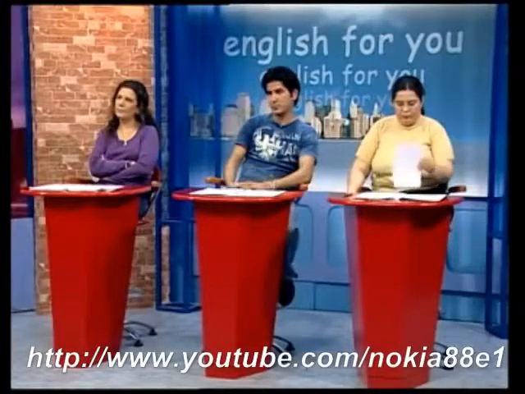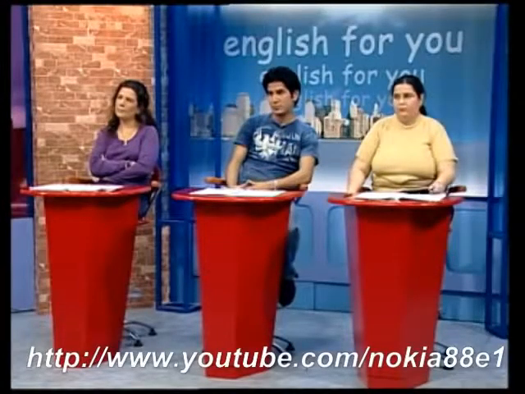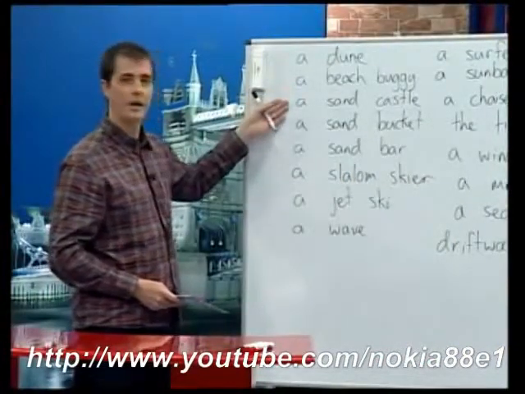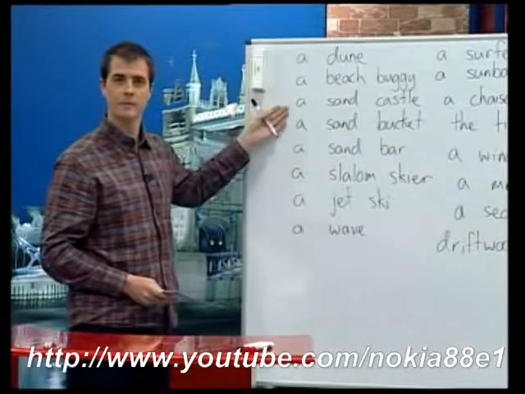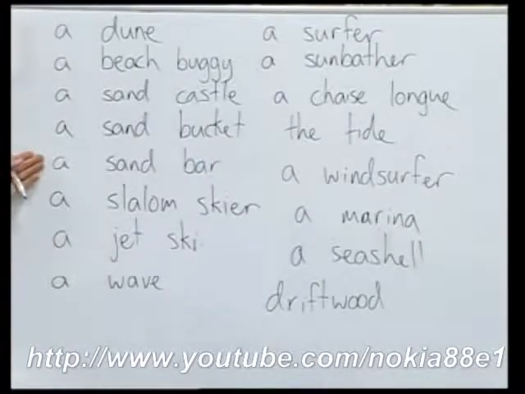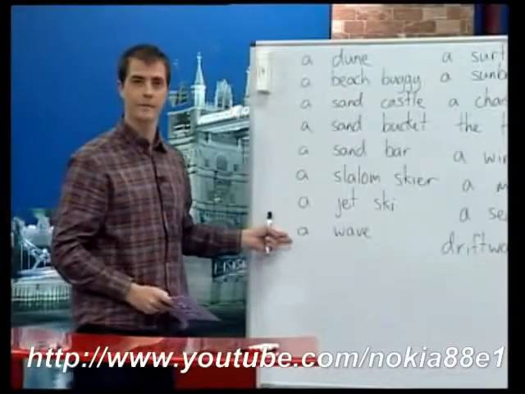Okay, let's go over these again. A dune. A beach buggy. A sand castle. A sand bucket. A sand bar. A slalom skier and a jet ski. A wave.